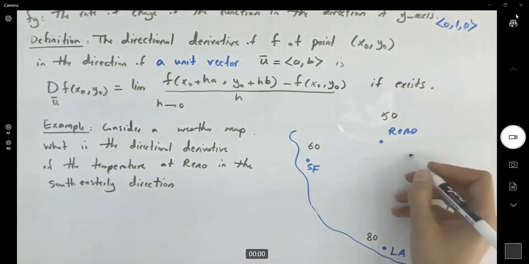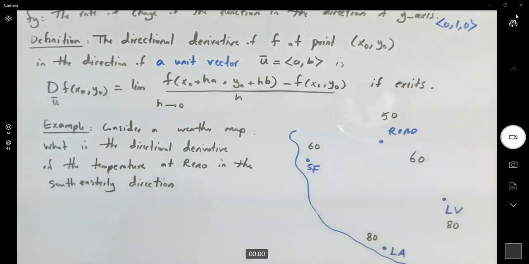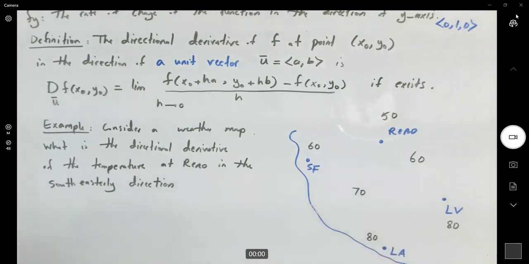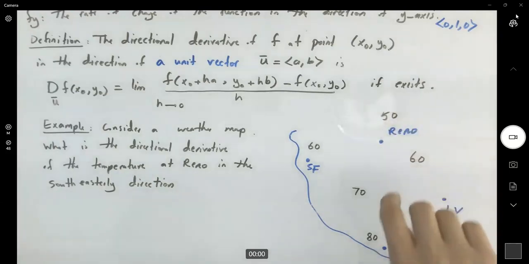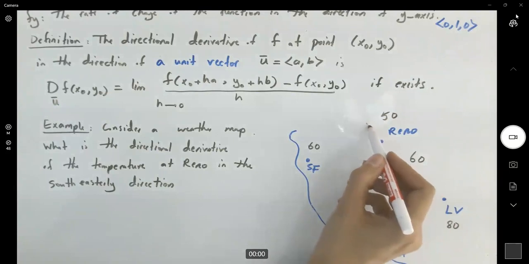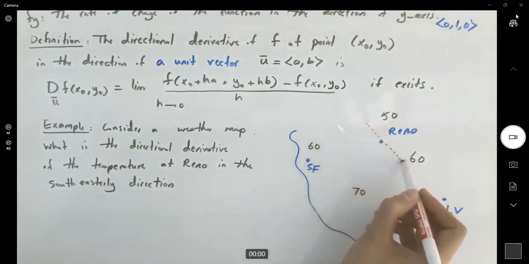Below Reno, it's going to be 60. Let's have the temperature rising, and then around here, we're going to have 70 degrees. Okay. And suppose the distance in this direction is about 75 miles. So this is the distance.